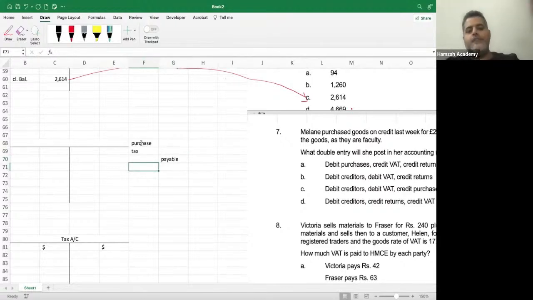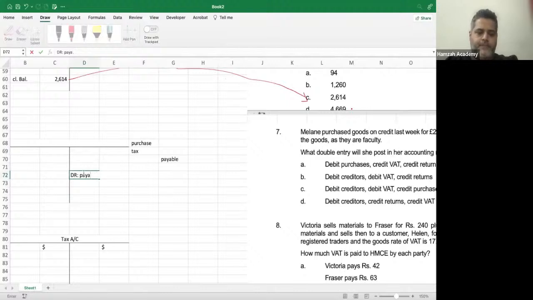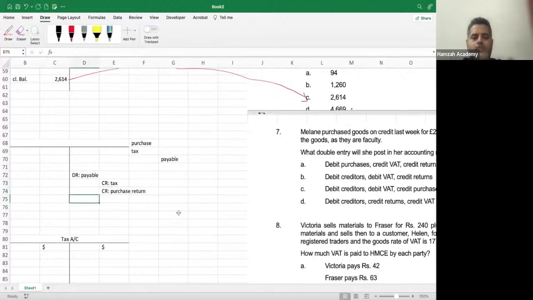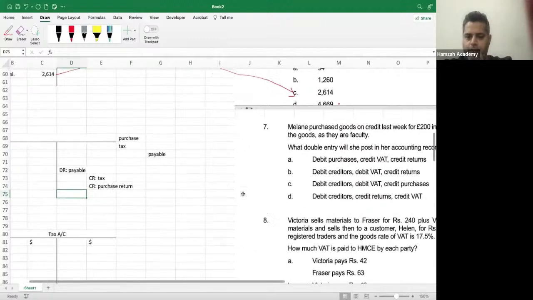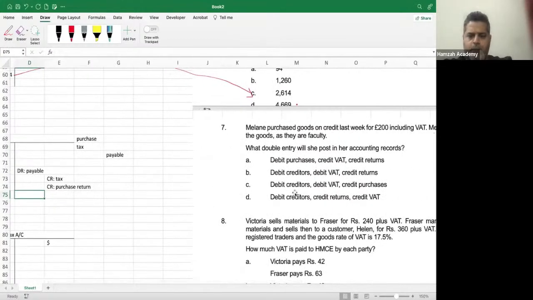Now, when she has to return, she will reverse this entry: debit payable, credit tax, and credit purchase returns. So we have debit payables or the creditor, credit returns, credit tax. So option D is going to be the answer, right?